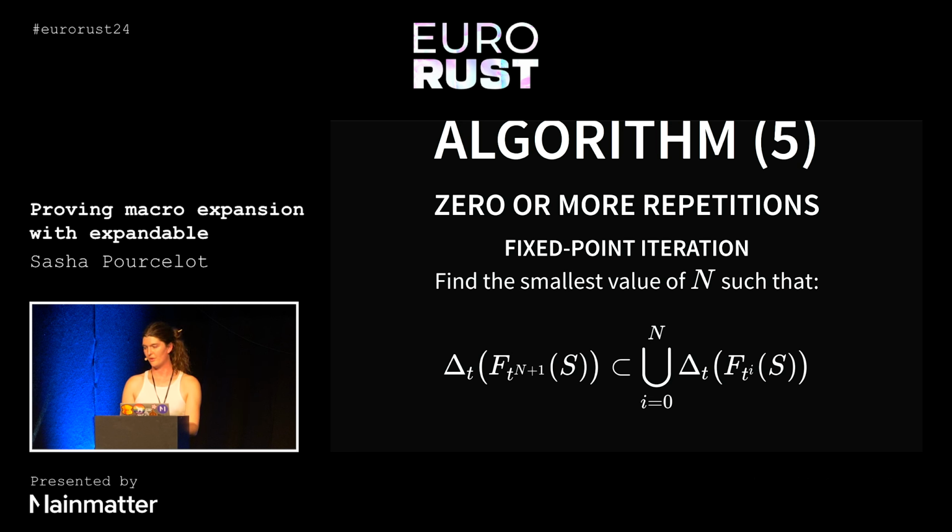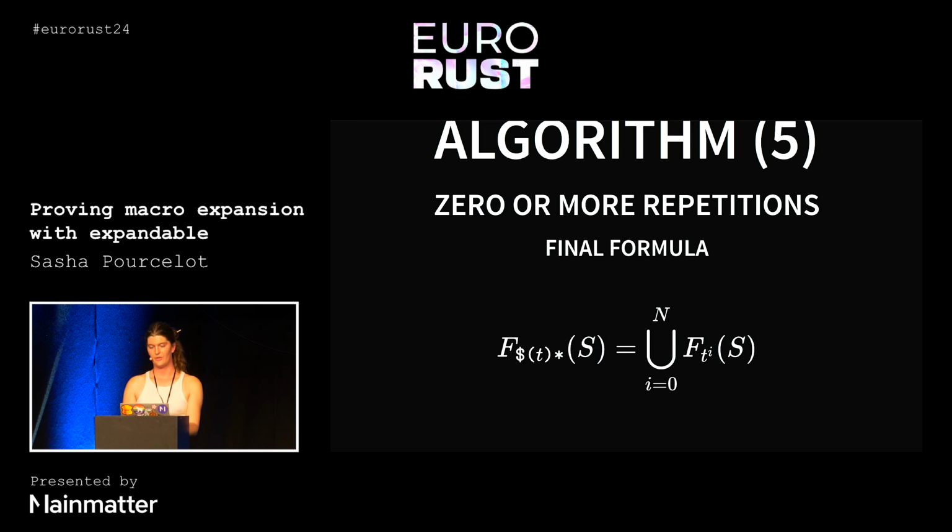I'm not going to detail it, but the whole point of this is to parse enough repetitions of t such that parsing more repetitions will not create any new transition, which means that when we have parsed n repetitions of t, we are sure we have reached every reachable state of the parser.